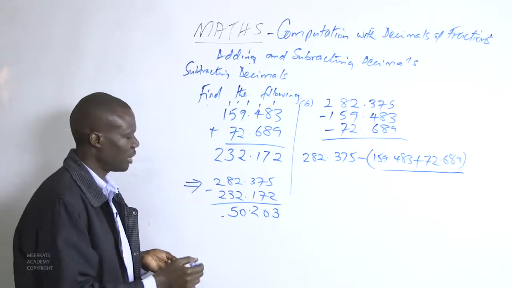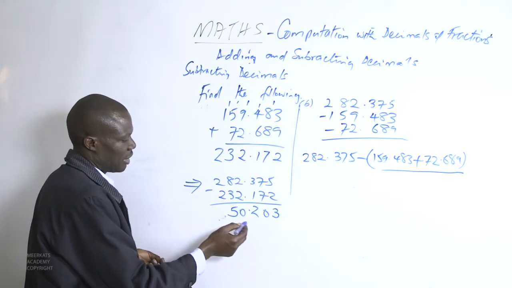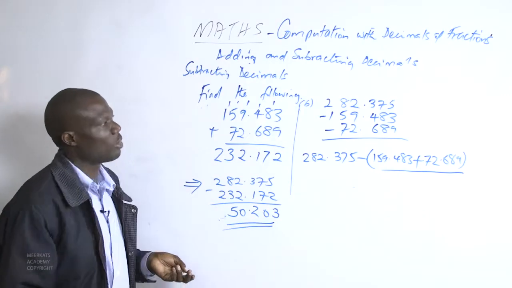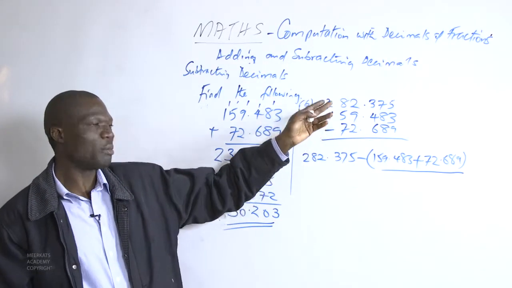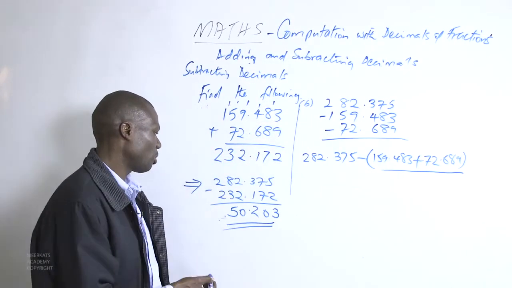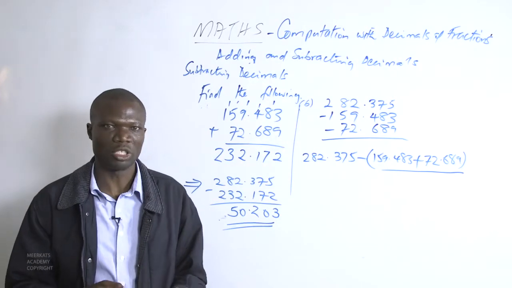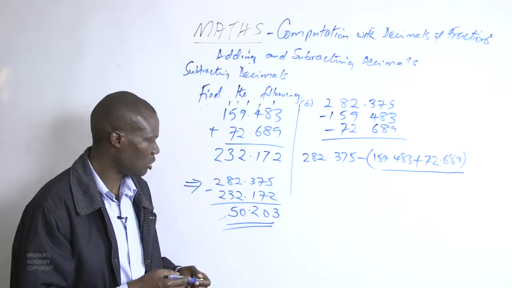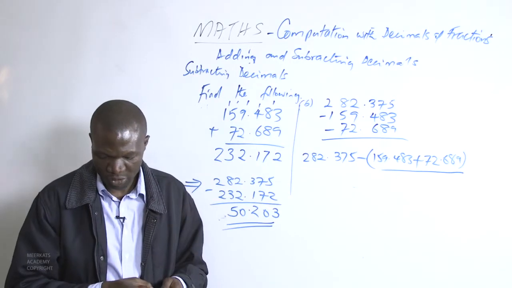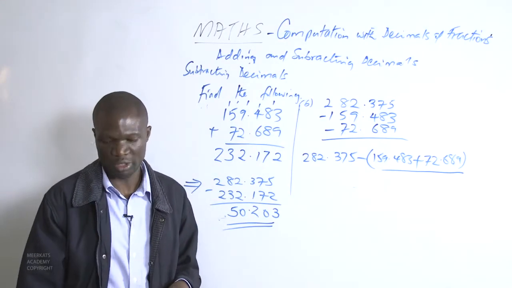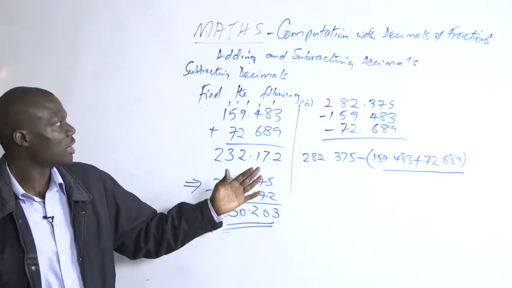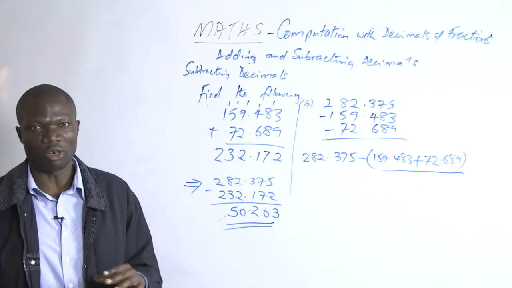We cannot bring it here, so we maintain our answer like that. So we find that when you subtract these two numbers from 282, what you remain with is 50.203. So that is it about the decimals.